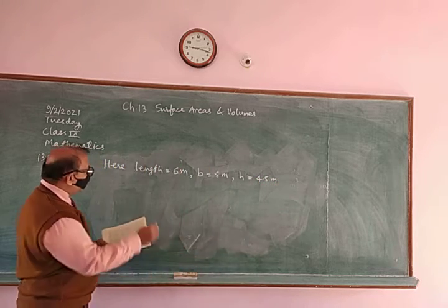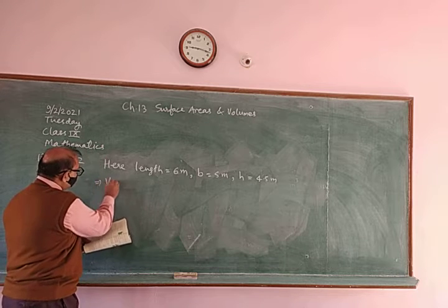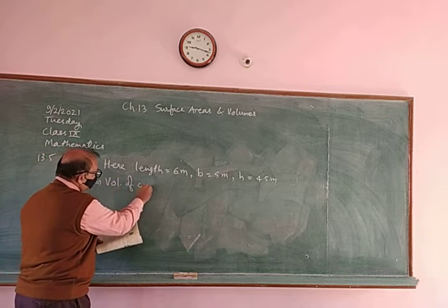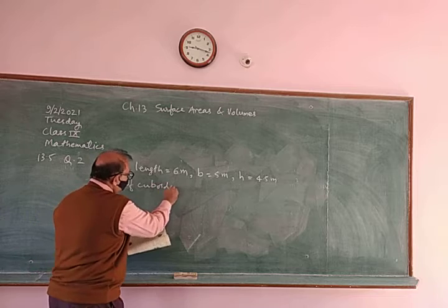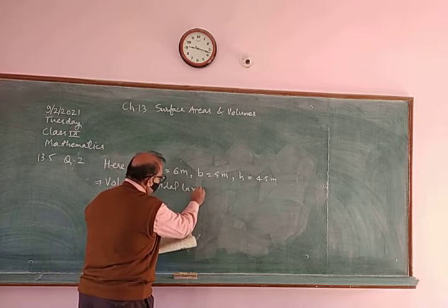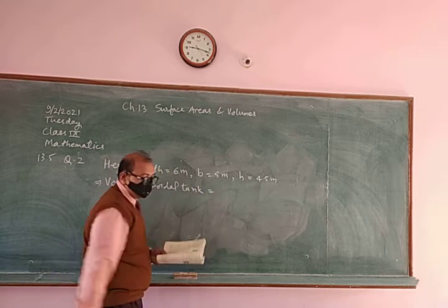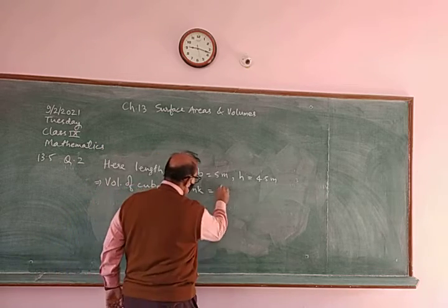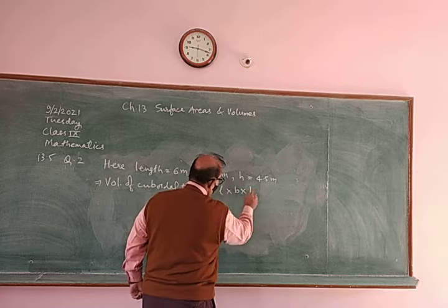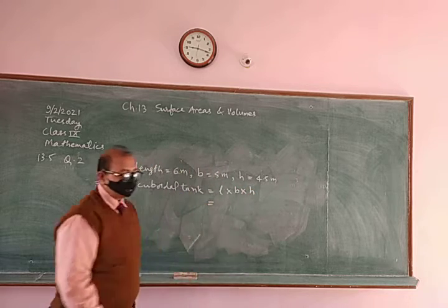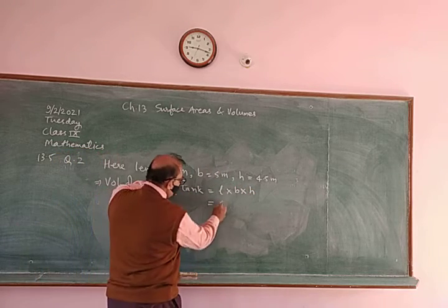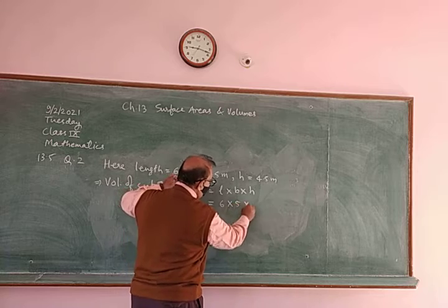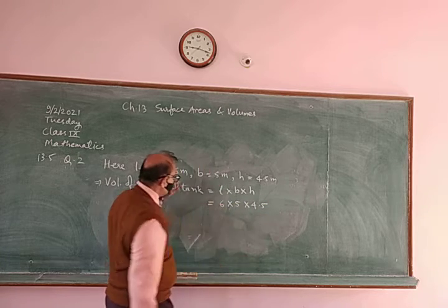So volume of cuboidal tank will be, by the formula, length into breadth into height, and length is 6 into 5 into 4.5.